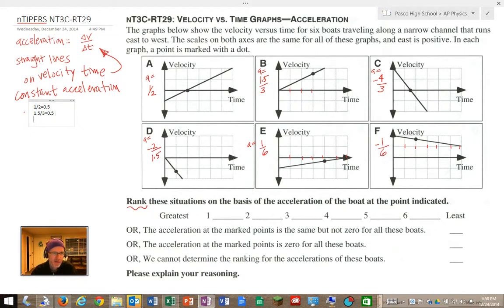And then -4 divided by 3. And -2 divided by 1.5. And 1 divided by 6. And -1 divided by 6. Okay.